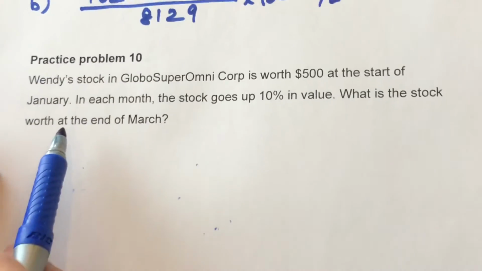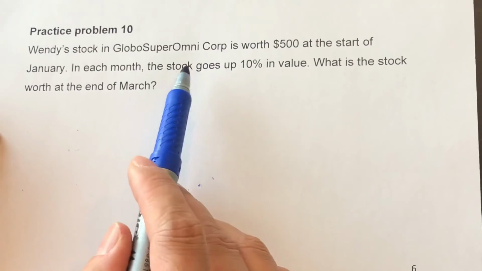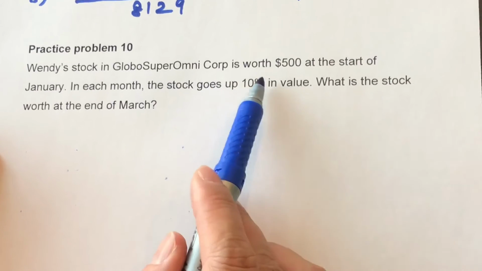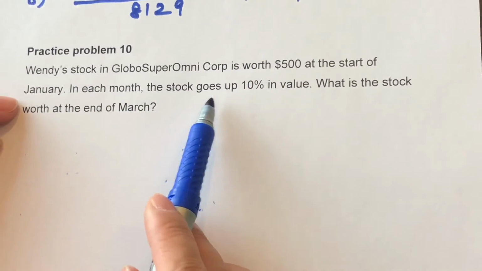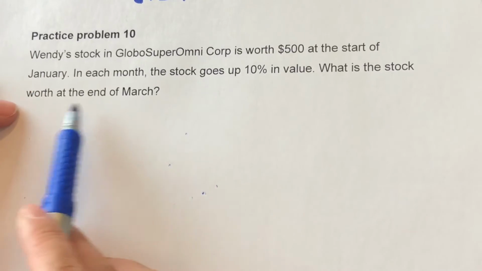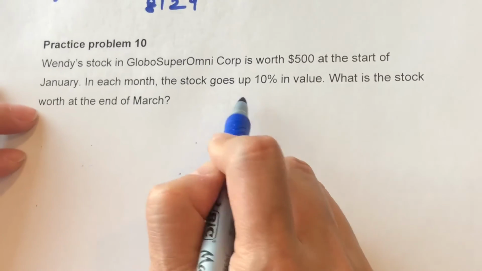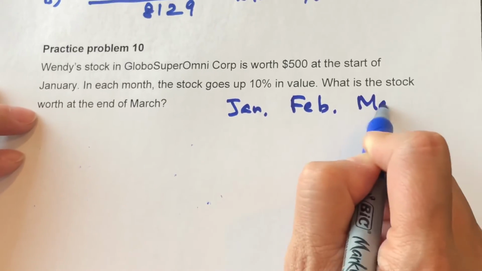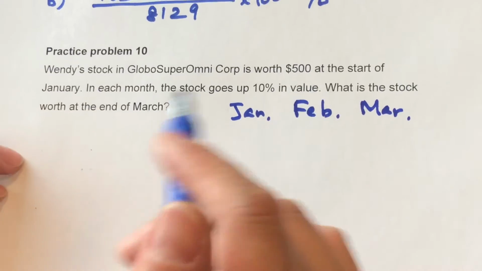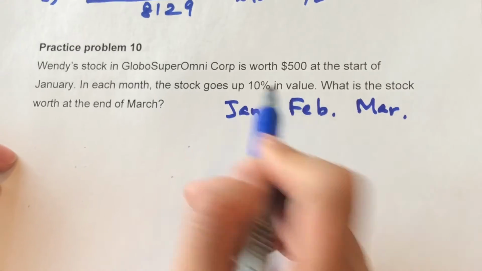Problem 10. This stock in this company is worth $500 at the start of January. In each month, the stock goes up by 10%. What's the stock worth at March? So January, February, March. So there were 3 months. Each month, you would increase by 10%.